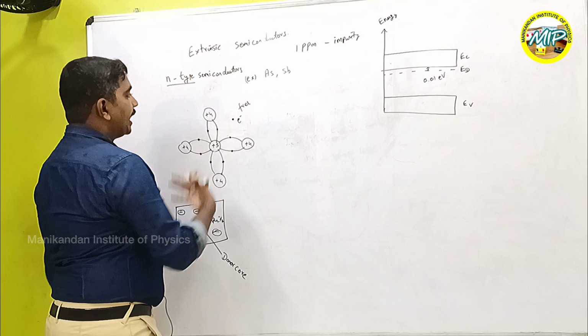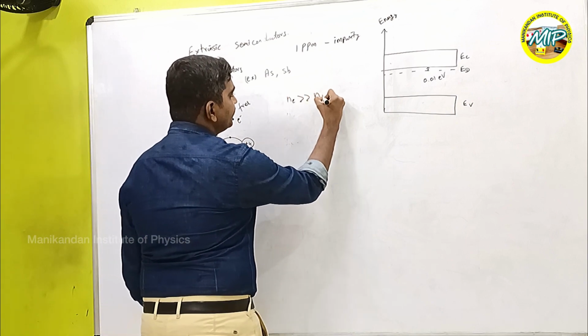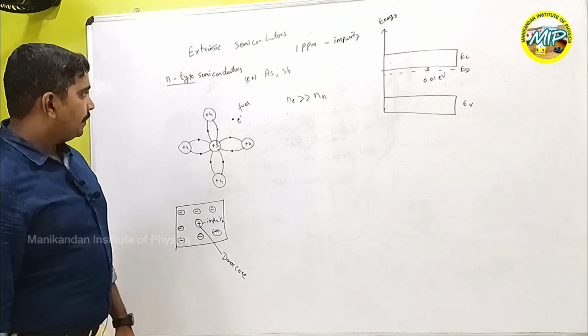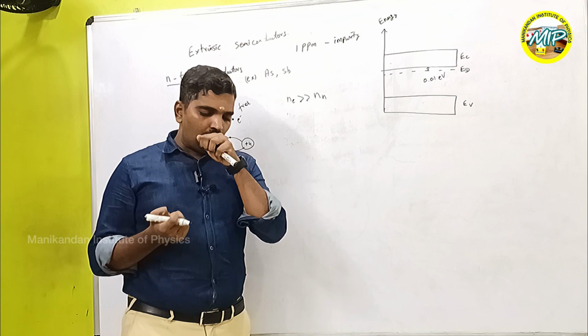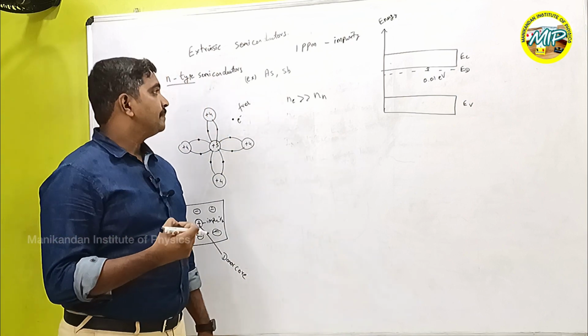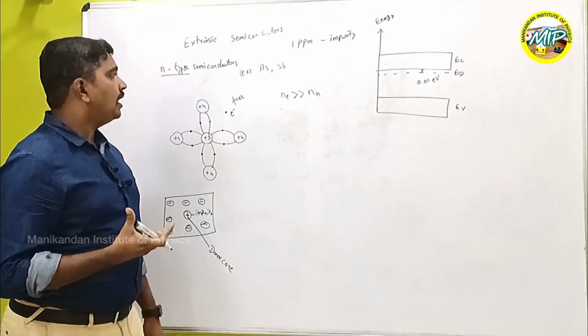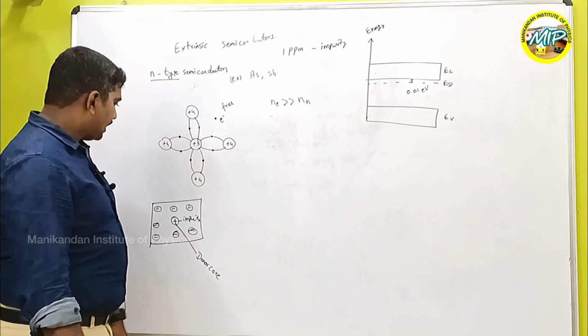Okay, in this case, the number of electrons is very much greater than the number of holes, because each impurity provides one electron. So each impurity providing one electron means the number of electrons is larger.